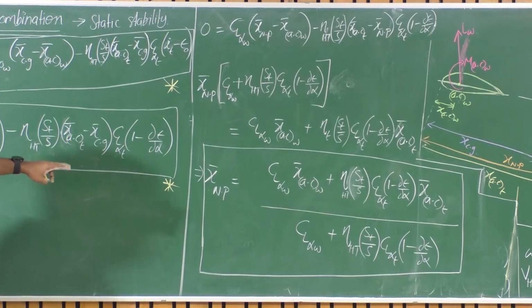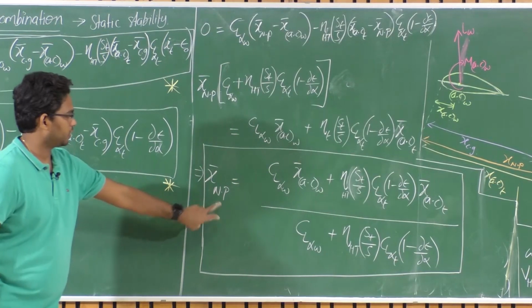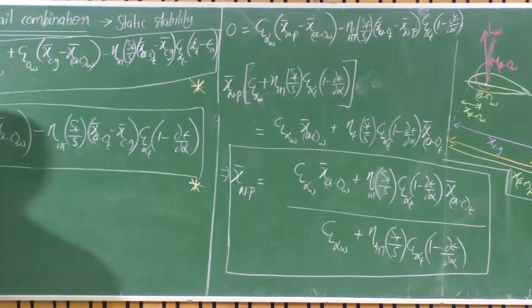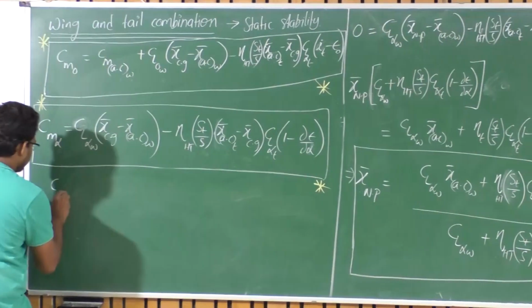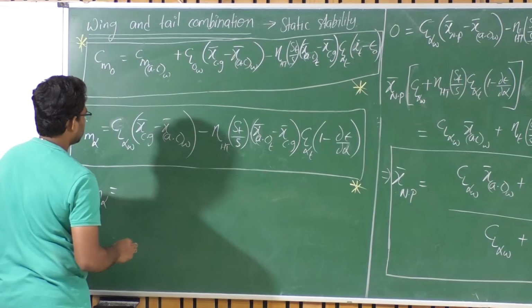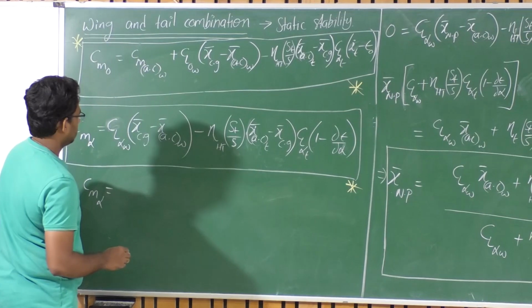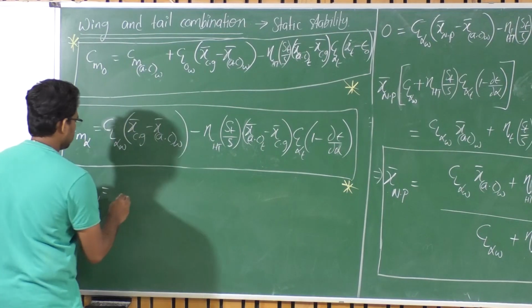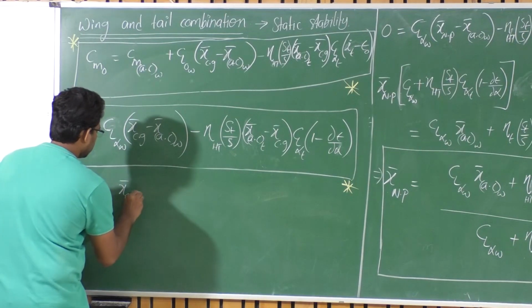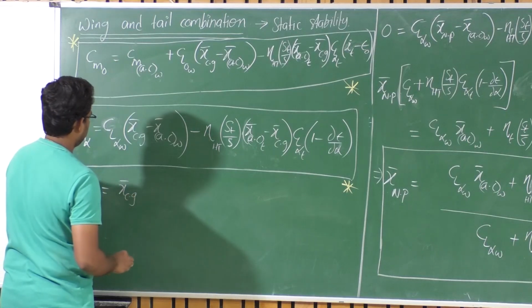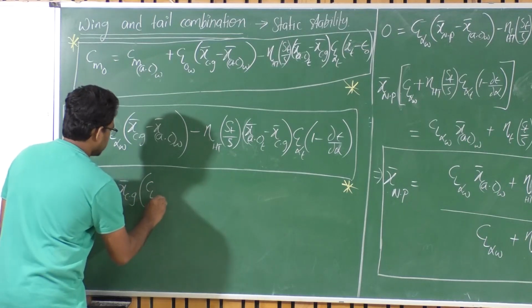I can prove that. So you have neutral point here. Now, this Cm alpha is equal to, so take out the Cg terms here, x bar Cg times Cl alpha of wing.